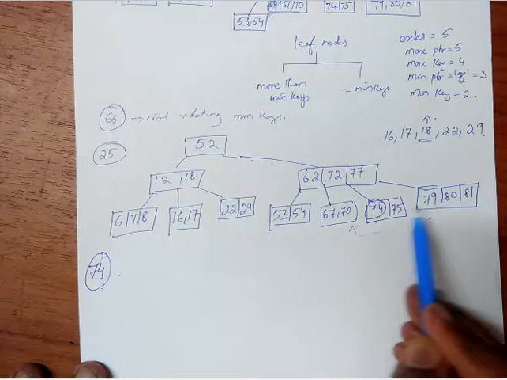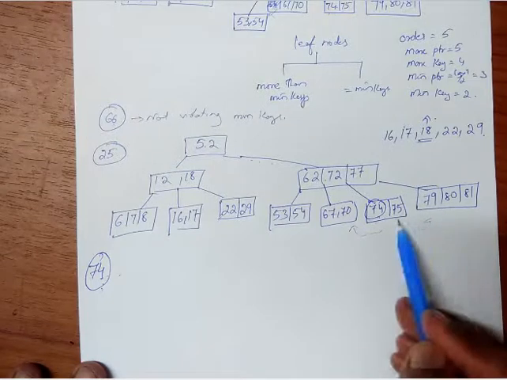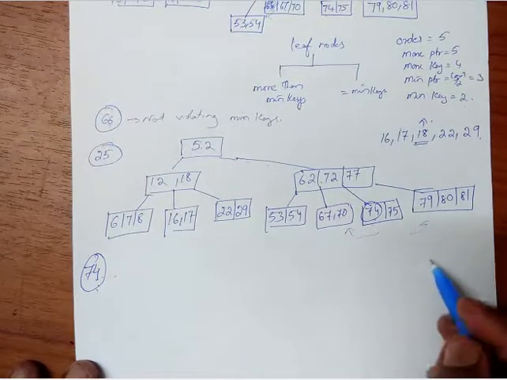Here the left child contains only 67, 70, that is only 2 data values, but the right sibling contains 3 data values. It is good to merge with the sibling which contains more data values. So here we will choose the right sibling.